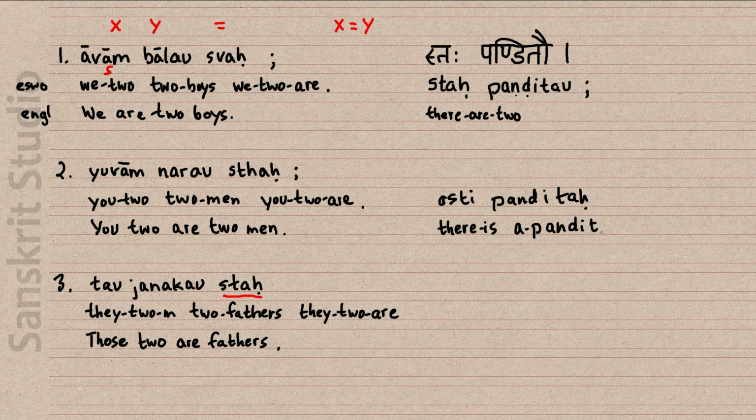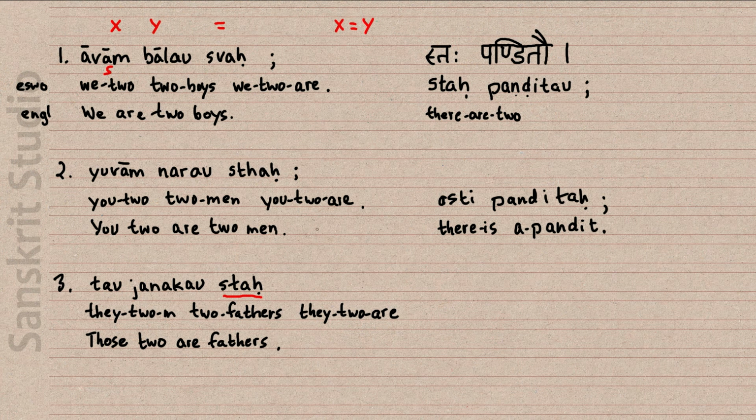Like that. So in this case here, when we have the dual number, we are tempted to just say there are, but we have to save there are for plural.